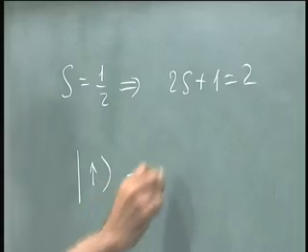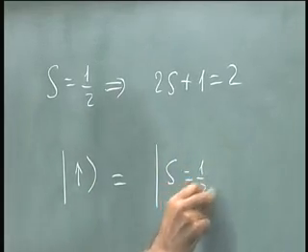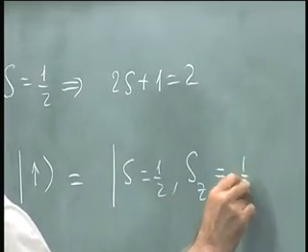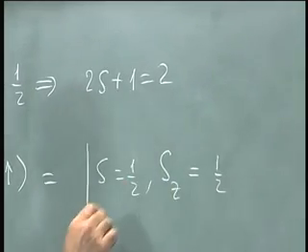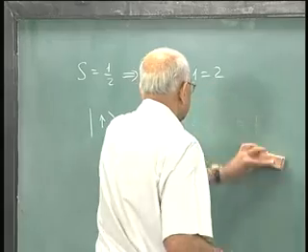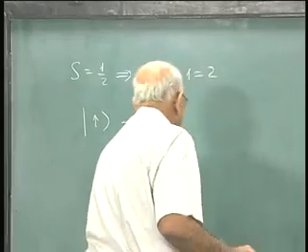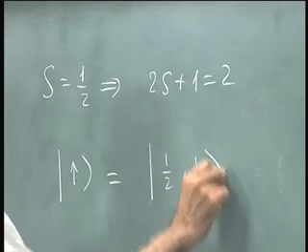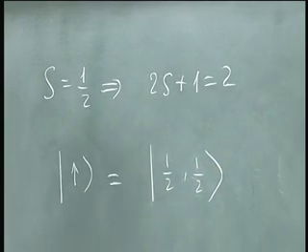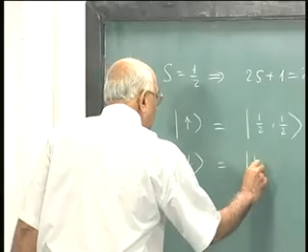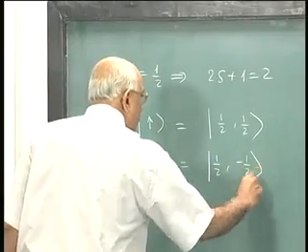This corresponds to s equal to half, sz equal to half, all in units of h cross. In our j m notation, and similarly spin down is what I would call half, minus half.